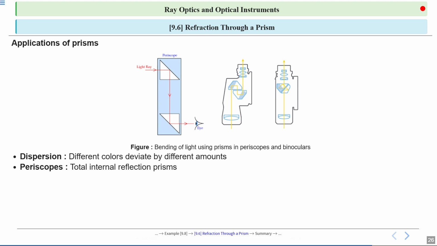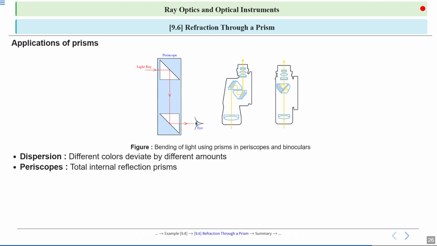And after falling on the second prism, which is placed on the downward part, again a 90 degree deflection happens, and we can see the object or light that is coming from the upward portion. So this concept is used in periscopes in submarines to see the outside view of the water.